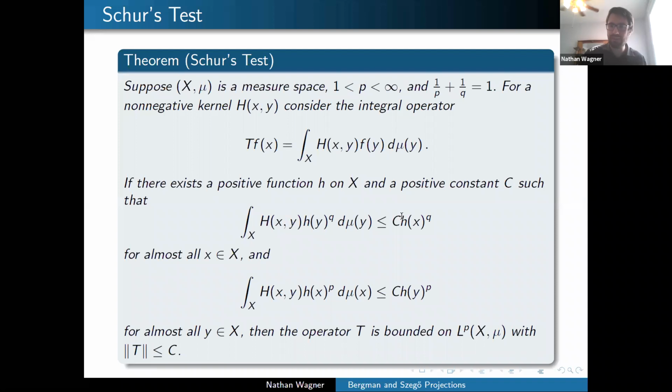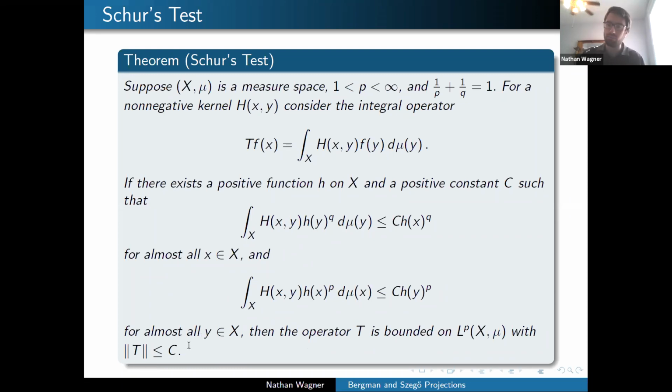And then there's the adjoint statement, that the same is true when you replace integration in y by integration in x. What Schur's test says is if this happens for almost all y and x, then the operator T is bounded on L^p(X, mu), and you can in fact estimate the operator norm and say it's less than or equal to C.